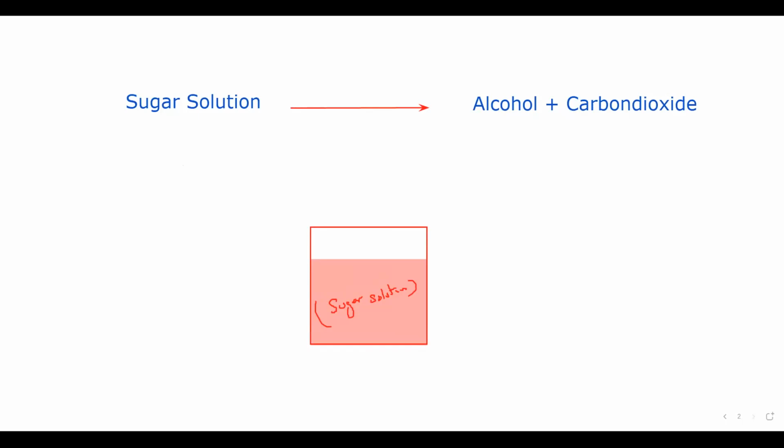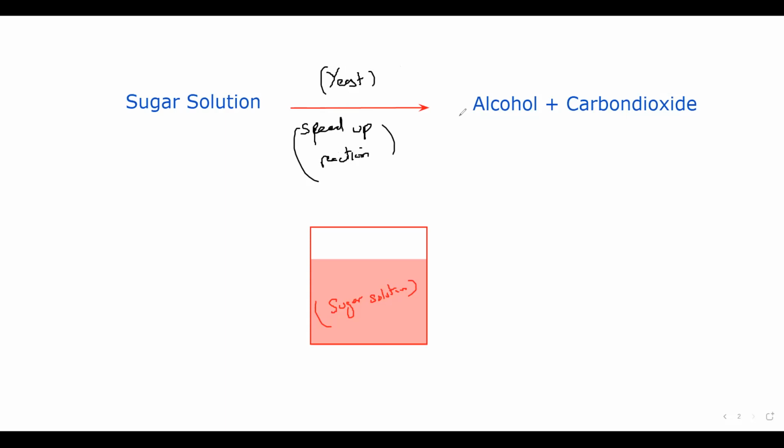So what we do is add yeast, a substance. Yeast has enzymes which are biological catalysts. So when we add the yeast, it speeds up the reaction. So a sugar solution can decompose into alcohol and carbon dioxide, but the reaction will be very slow.